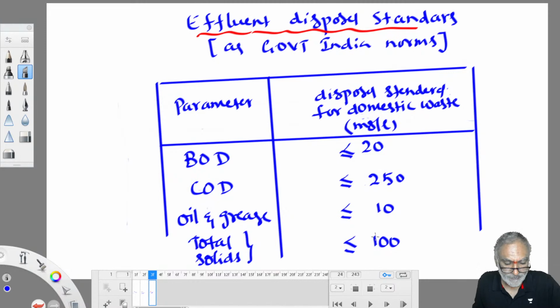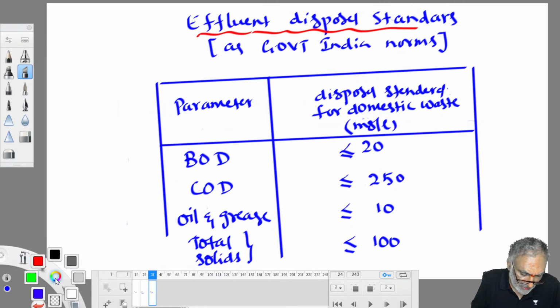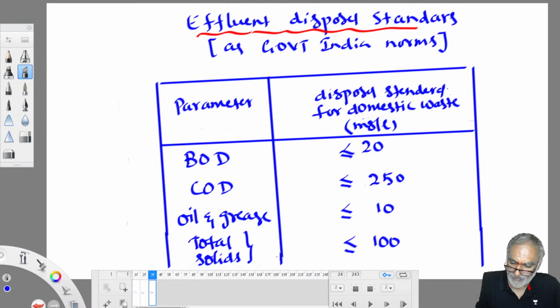If BOD is more, it also pollutes the water body. If we dispose more than 20, the chances of getting rid of this waste after disposal are very, very less. But if it is 20 or less than 20, over a period of time this becomes 0. So BOD becomes 0, COD becomes 0, oil and grease become 0, total solids also become 0.